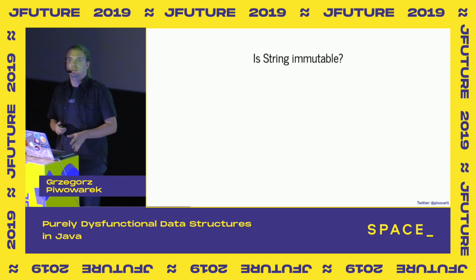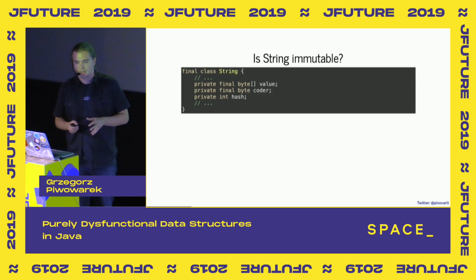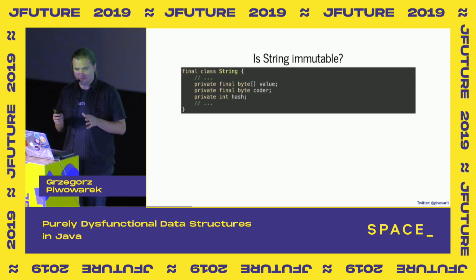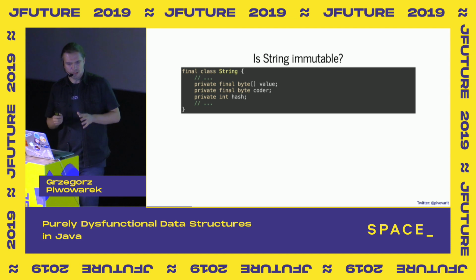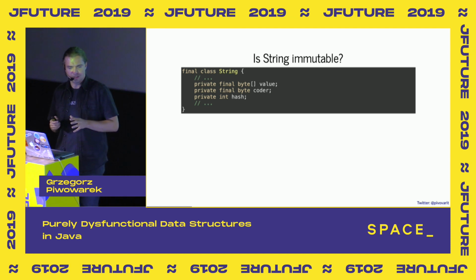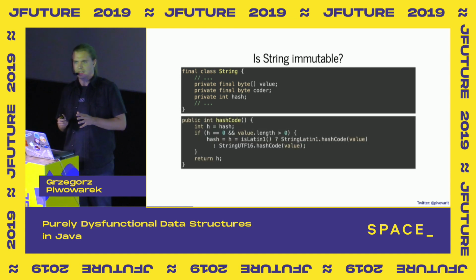So, if you have a look at the internal implementation of the string, you have 3 fields internally. One of them is private final byte array, private final byte coder, so far so good, but private int hash. Whoa, it turns out that hash field is not final, and it actually changes over time.